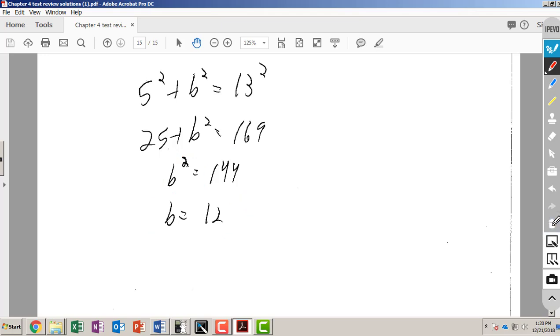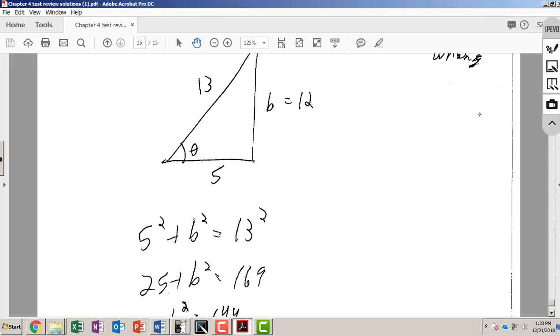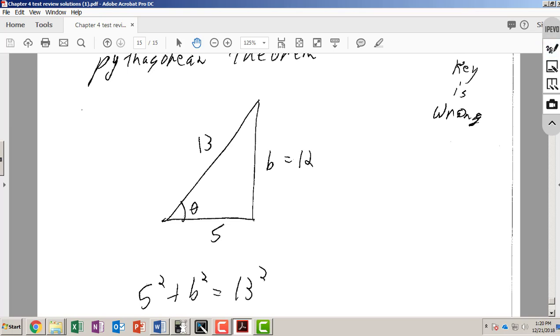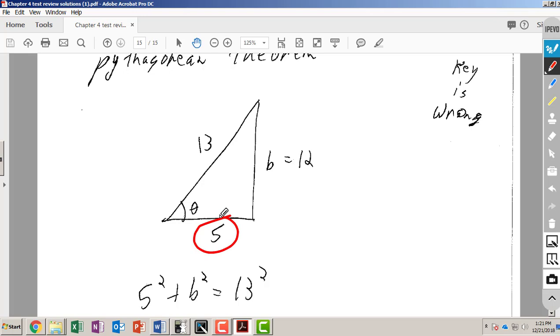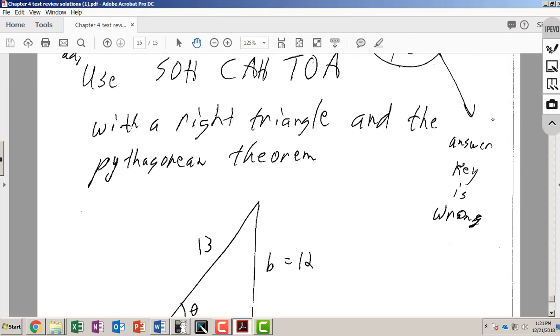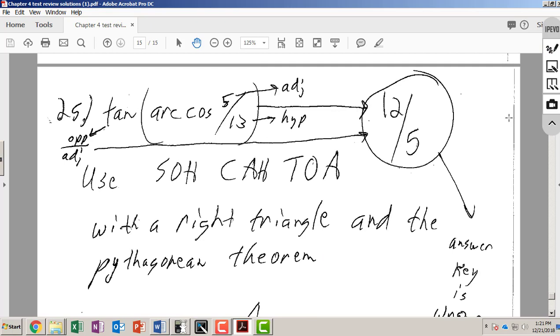So now that I've done that, I can go ahead and label my triangle. So notice now I've labeled my triangle here. My triangle is 5 for my adjacent side, 12 is my opposite side, and 13 is my hypotenuse. So now I go ahead and find the tangent.